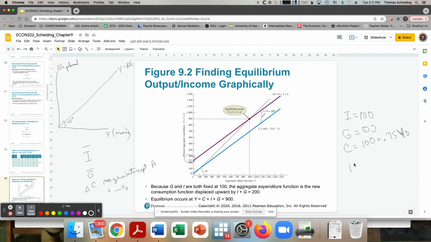Now, the taxes equal 100. So 100 plus 0.75, if the income is 0, 0.75 times 0 minus 100, that would be 100 plus 0.75, sorry, plus 75.